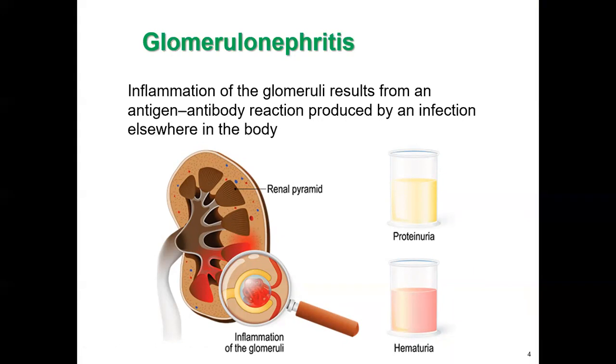So maybe the patient presents with a sore throat, and if untreated or maltreated, this organism or bacteria goes to the kidney and causes inflammation of the glomeruli, and an antigen-antibody reaction occurs. This picture shows the renal pyramid and inflamed glomeruli, and the patient presents with proteinuria and hematuria. Usually the patient gives a history of recent streptococcal sore throat infection.